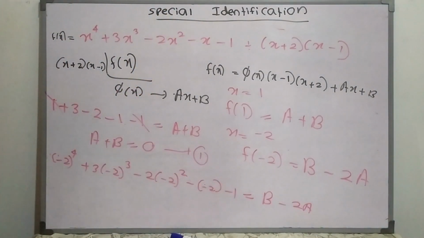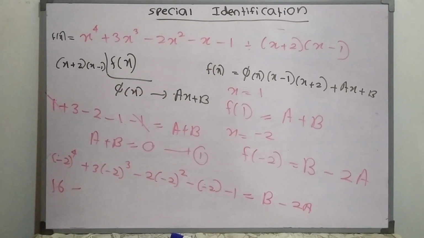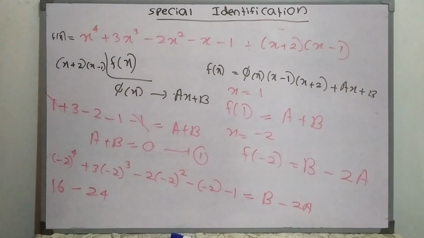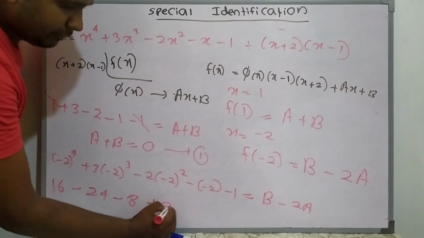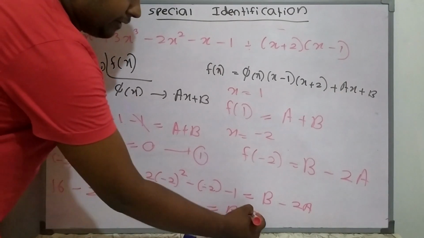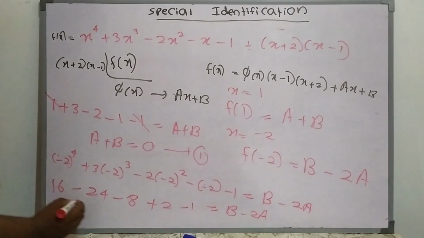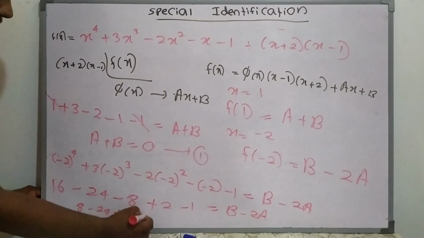Minus 2 to the power 4 means plus 16, minus 24, minus 2 to the power 2 is plus 4, plus 8 minus 8, and plus 2 minus 1 equals b minus 2a. So I have to simplify it further. So how will it be? Plus 8 minus 24 plus 1 equals b minus 2a.